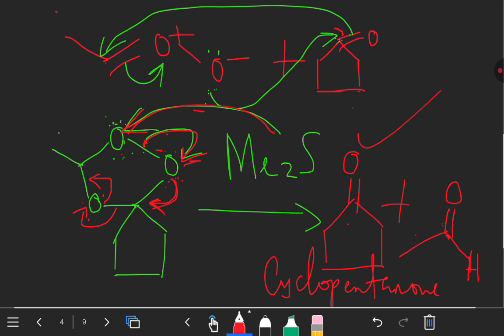So these are actually the products which are formed. Okay, so this is the reaction of ozonolysis. So this is simply ozonolysis. So we are forming these products by breaking this substance using ozone.